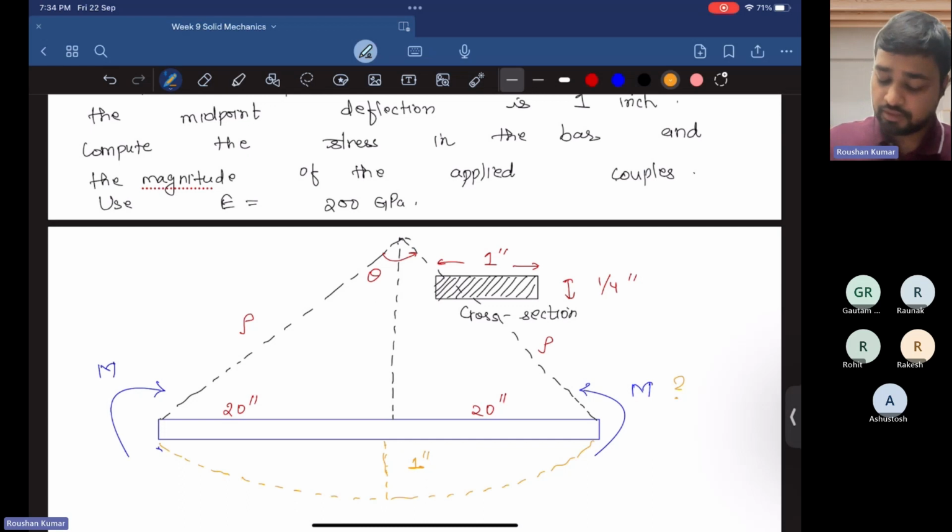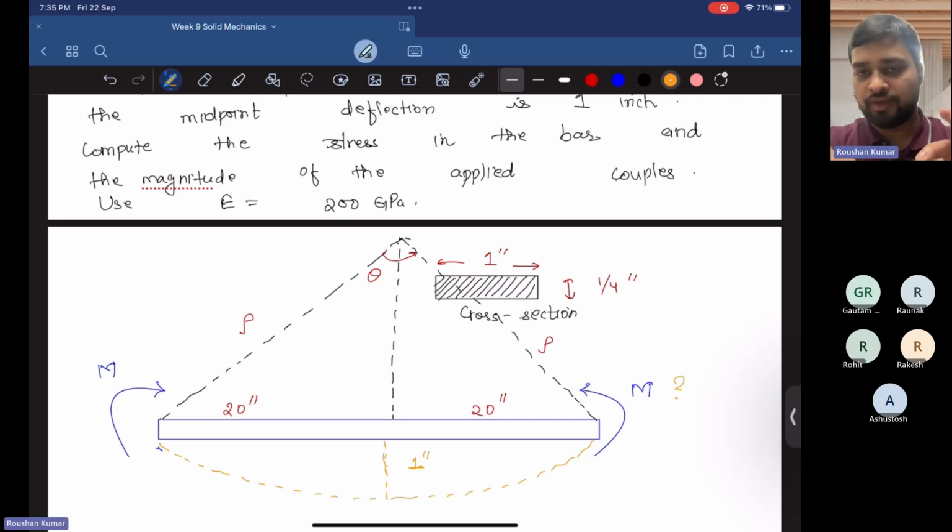Whenever we apply an end moment to a beam, the beam bends. The straight beam becomes curved, and in the case of pure bending deformation, the length of the beam will remain the same.